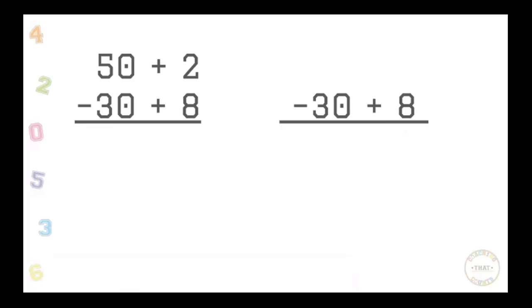I don't change the value, I change the form. Instead of 50 plus 2, I write it as 40 plus 12. That's not borrowing. That's recomposing or decomposing 1 ten into 10 ones. Expanded form makes that move visible instead of hiding it inside a step.